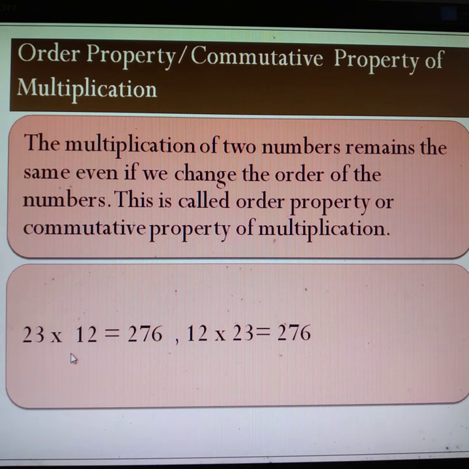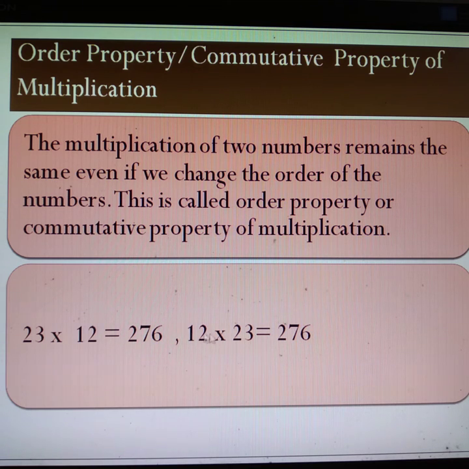Now, see in the example, one number 23 is multiplied by another number 12. 23 is multiplied by 12, the product comes 276. If we change the order, that is number 12 comes first and 23 comes second, and if we multiply these both numbers, the product will come 276.